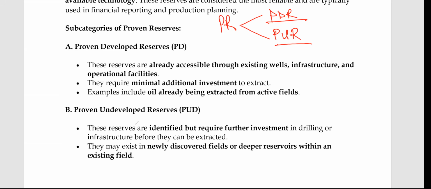So this one, yes, you know it can come out, but you have to put in some sort of investment. So a newly discovered field, or even a field that you're already working on, where you realize that there are other quantities of oil somewhere that can come to the top, means that you have to invest further to bring it to the top. Does it make sense? I hope we all understand what proven reserves are.